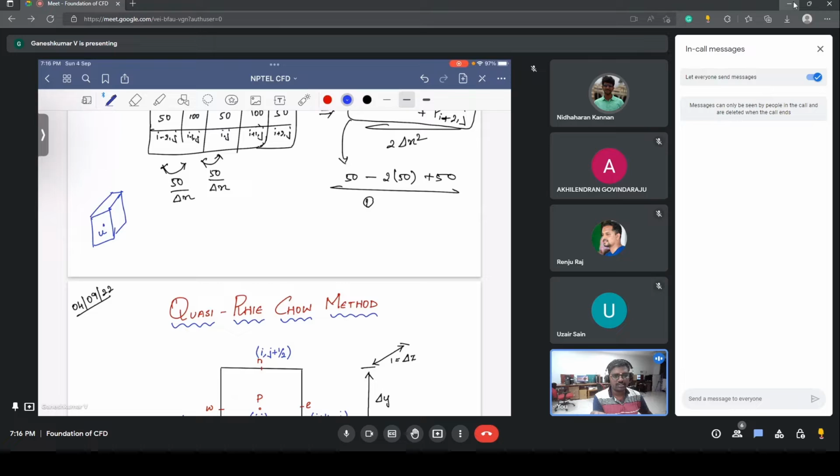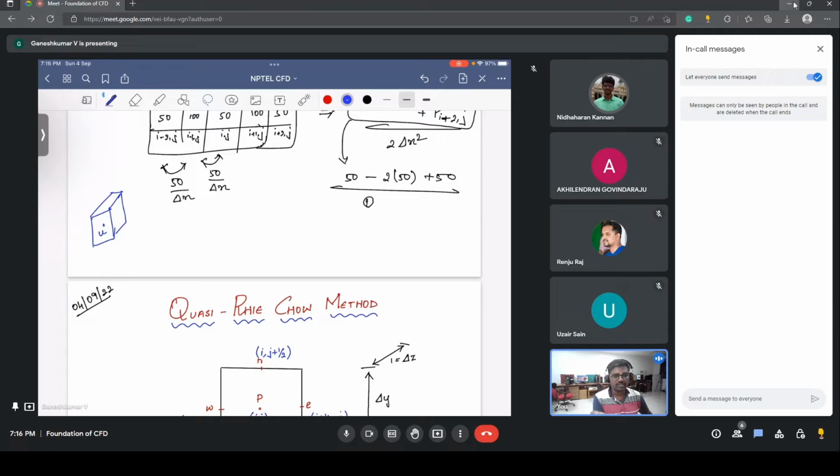So let's understand why we need to use a staggered grid, right? One thing I told is there is going to be a pressure-velocity split if you don't use a staggered grid, because based on the pressure gradient between the cells, there's going to be flow. If you use a collocated grid, it doesn't tell us the pressure gradient.